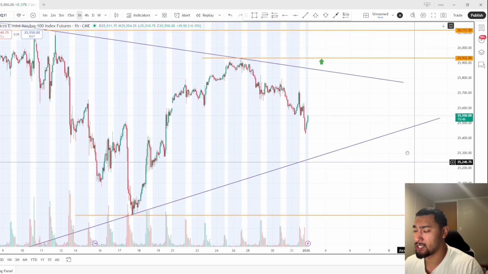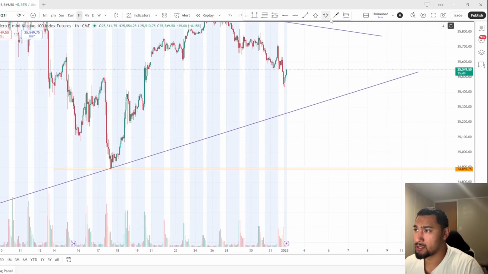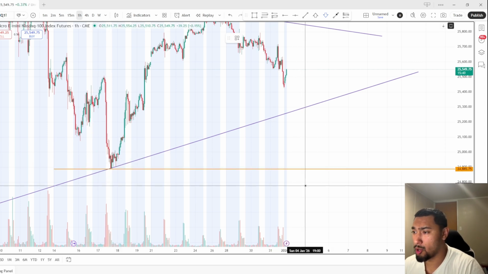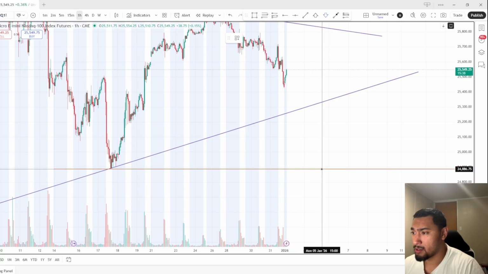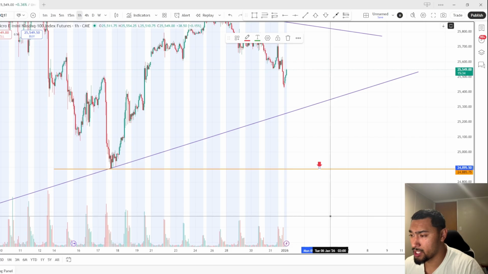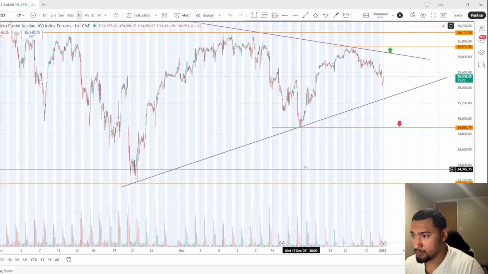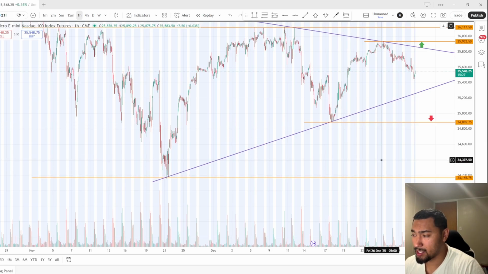Same with the downside. Just keeping it simple right now, this one area is the big area. So if we break below, I'll put this arrow, so I'll know if we break below, we can short anything back down all the way down to this level. I have nothing but room back down to this.